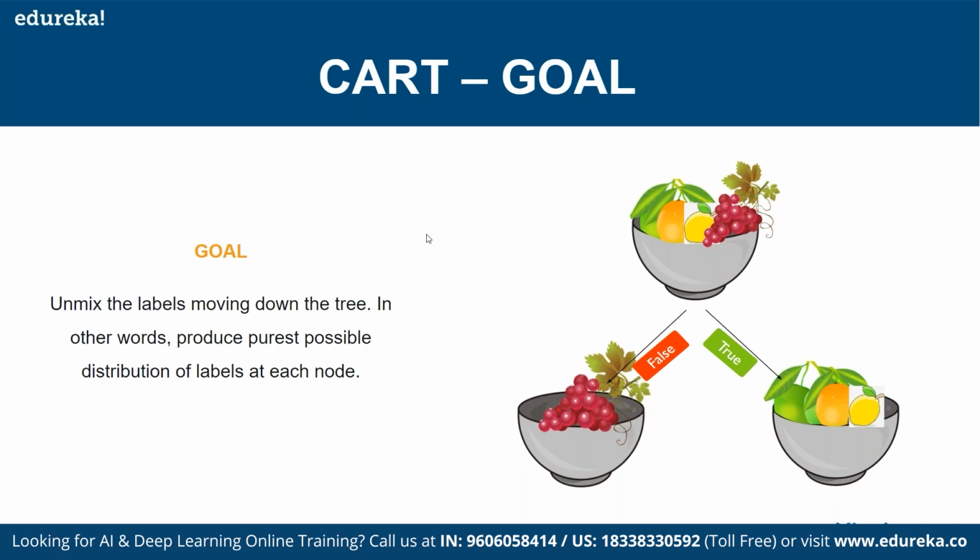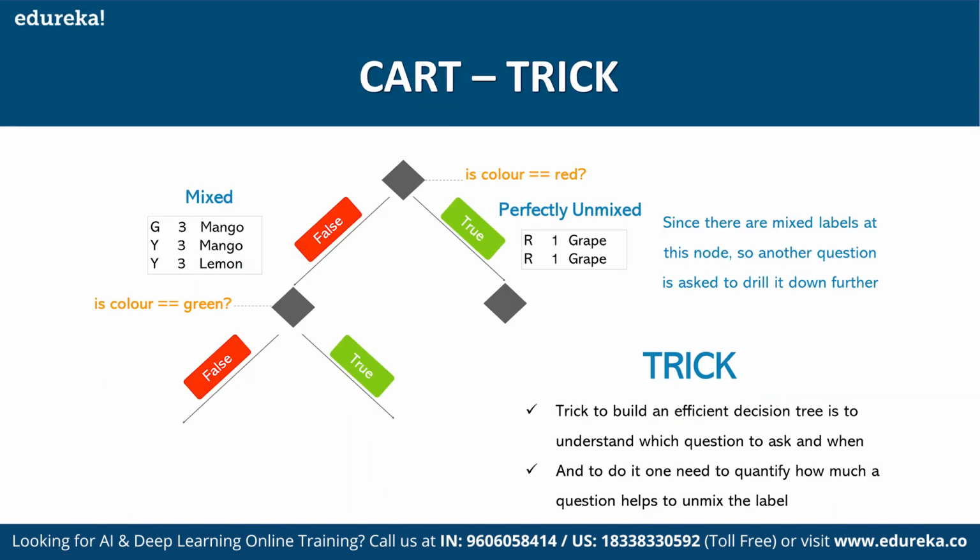That is the decision that we are going to take, so that the level of unmixing of the labels is maximum. So what is the trick? The trick to build an efficient decision tree is to understand which question to ask, basically which feature to select, right? And to do it, one needs to quantify how much a question helps to unmix the label.